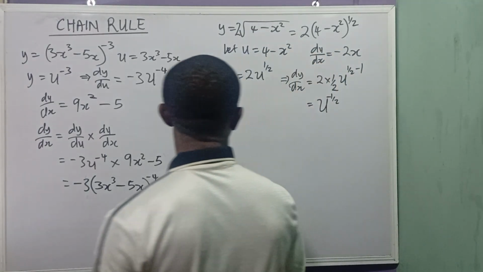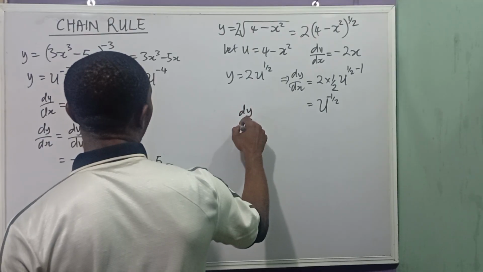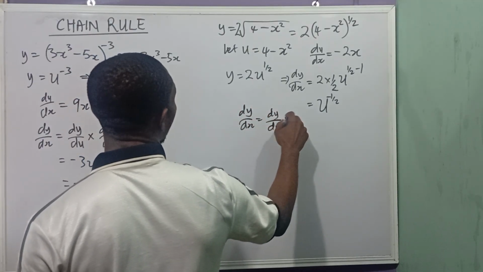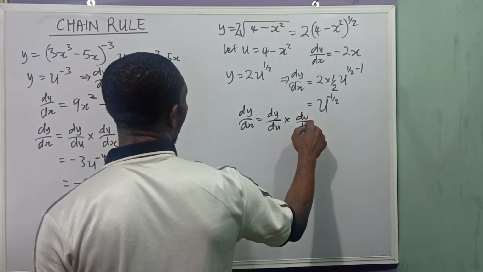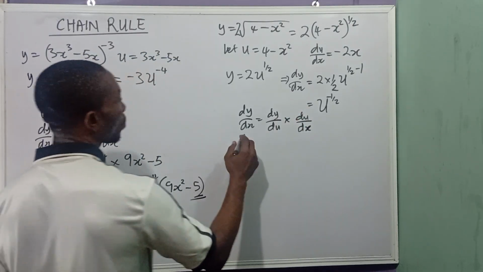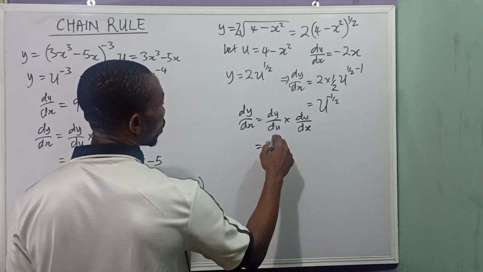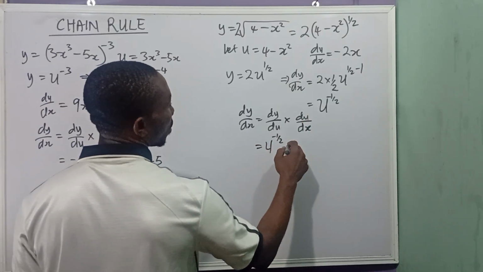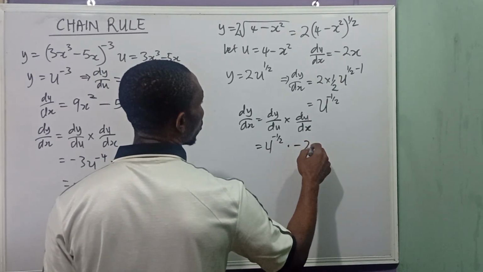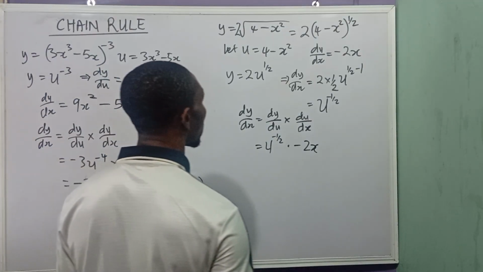Now bringing in our chain rule, dy/dx equals dy/du times du/dx. Here dy/dx is u raised to power minus half times du/dx, which is minus 2x.